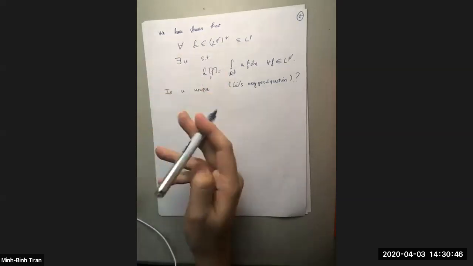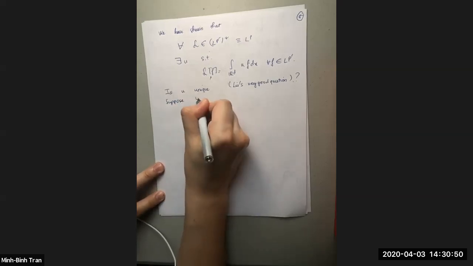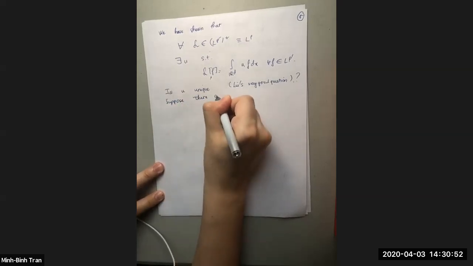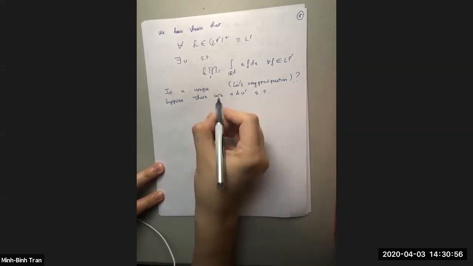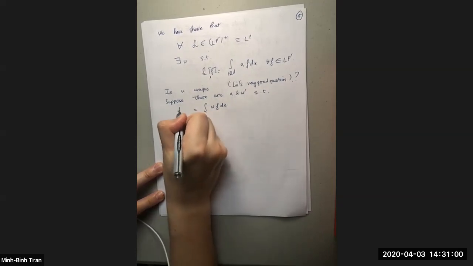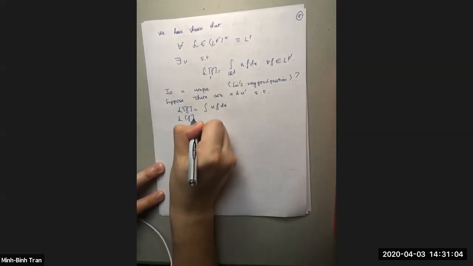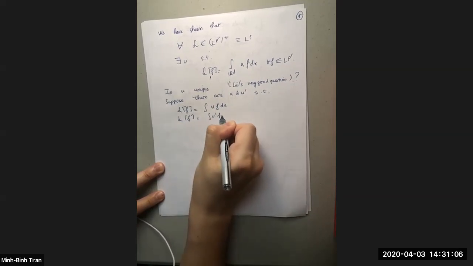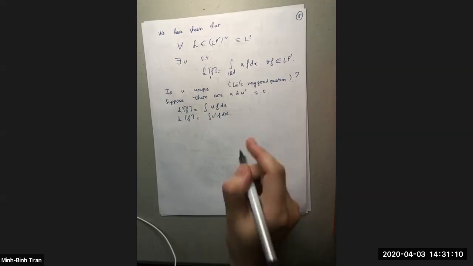To see why, all right. Suppose that there are two, U and U prime, such that the integral of UF dx is L(F), and L(F) is also the integral of U prime F dx, right? For all F in L^p'.